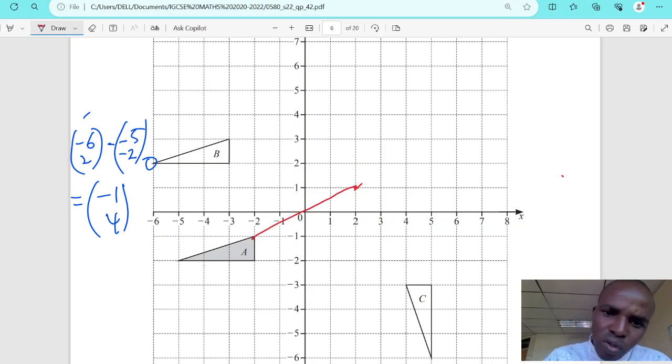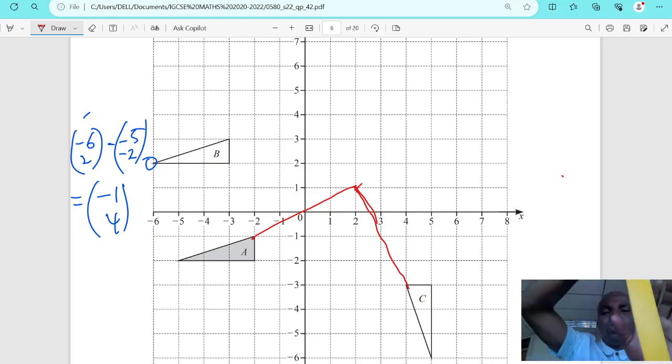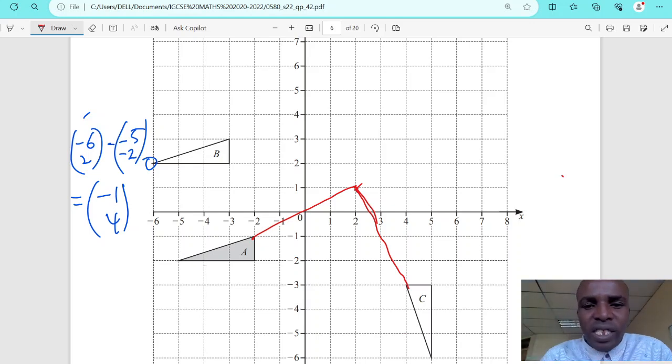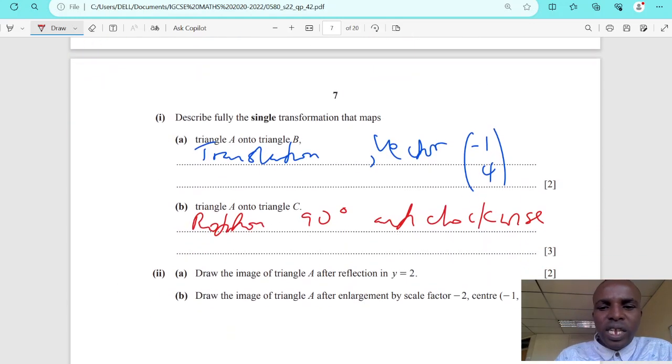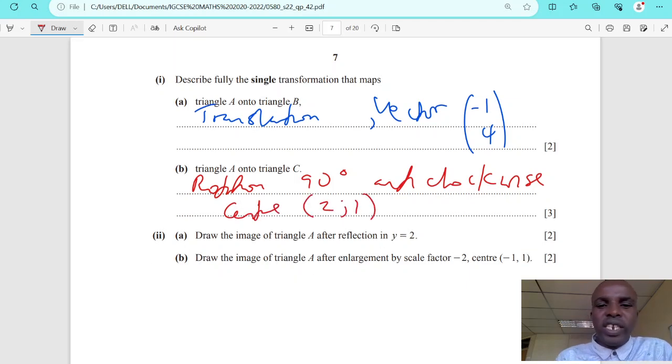If I draw, this one looks like it's working. Let me measure the distance now. 4.2. Yeah, so that will be the center. You can check, this one is 90 degrees. So this will be the center. So center (2, 1). Just like that. Then you are done.